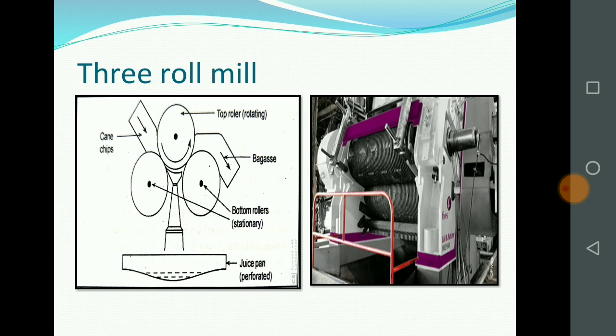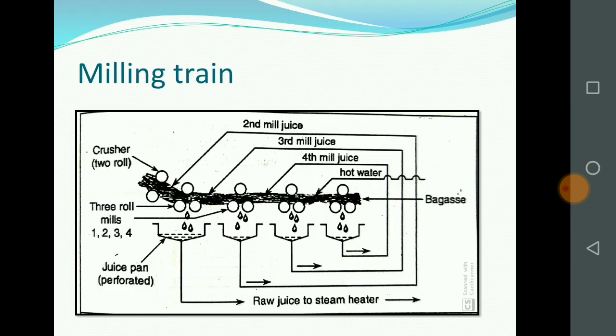Below the crusher and the first mill, there is a vibrating porous pan. The cane juice collected in the pan is freed of big suspended matter and the raw juice is sent to the boiling house. The second, third and fourth mills are provided with simple containers.